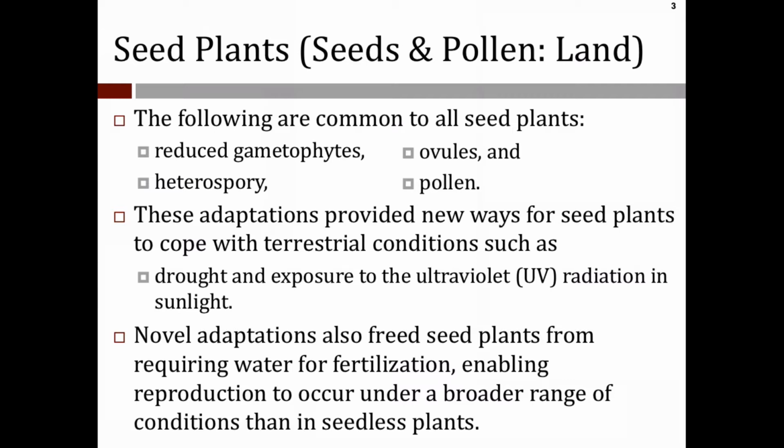And the gametophyte generation is quite reduced. It's now microscopic, only able to be seen via microscope. So unlike the bryophytes and ferns, seed plants do not have a free-living gametophyte. The female gametophyte is attached to, and dependent on, the sporophyte generation.